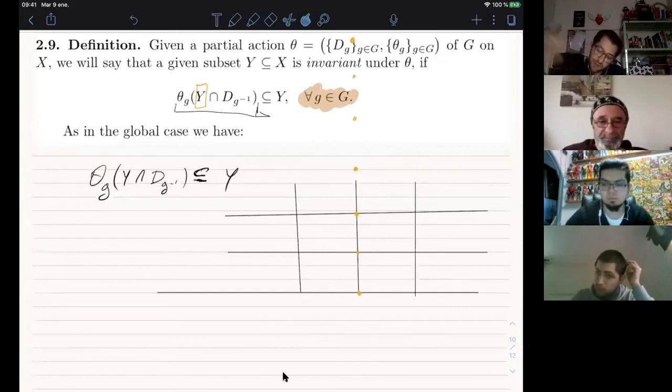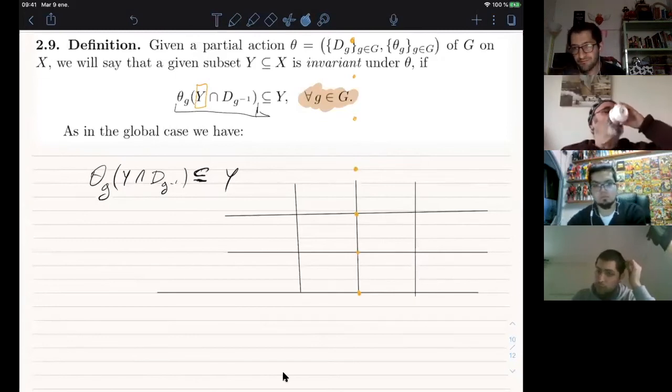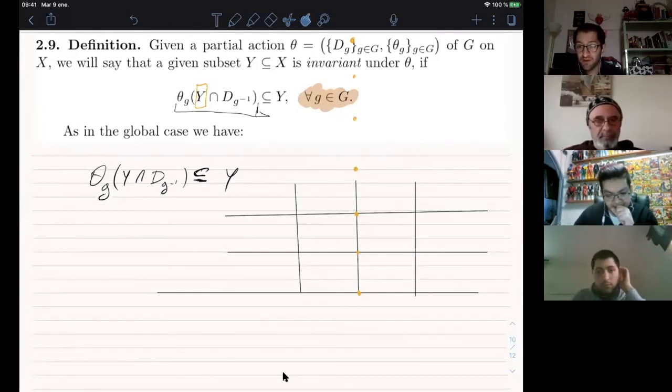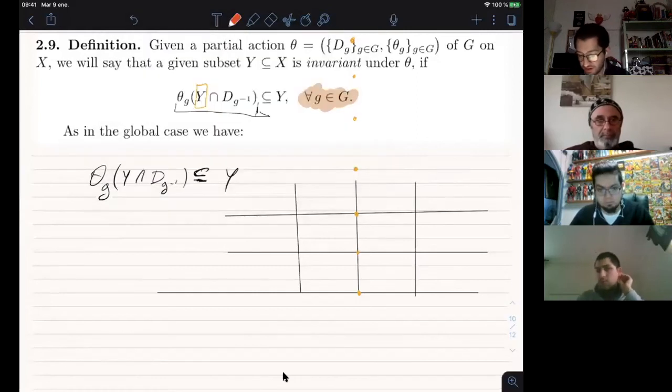And well, as we can see in this example, we have a partial action also. Here, instead of taking the whole space, we can now define an action by this group.